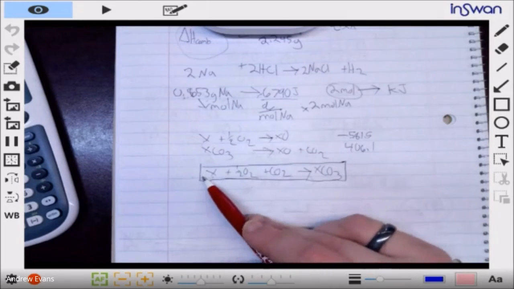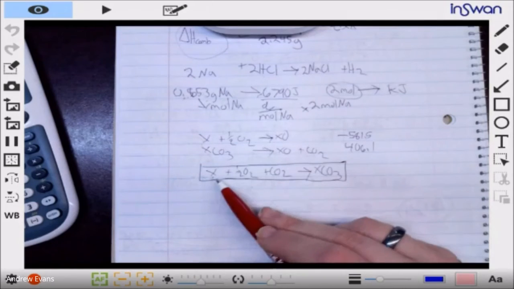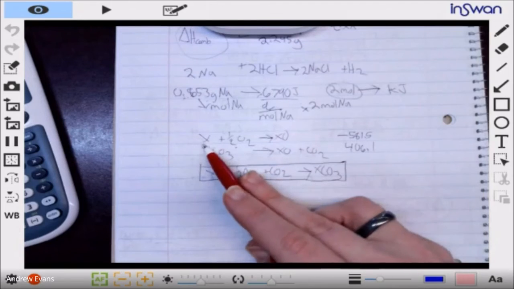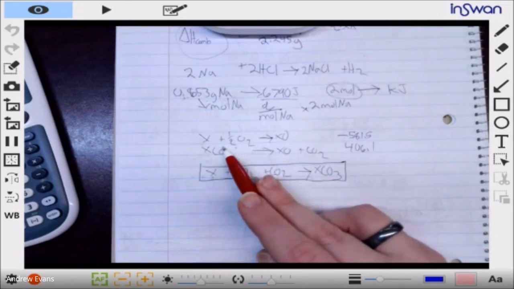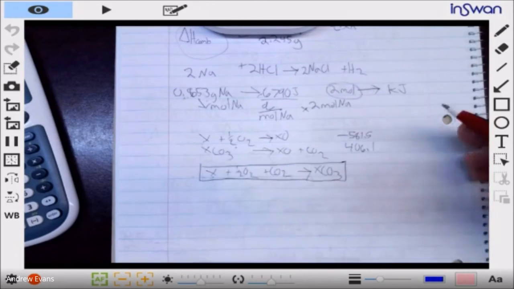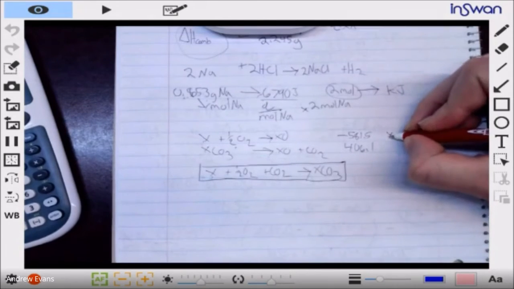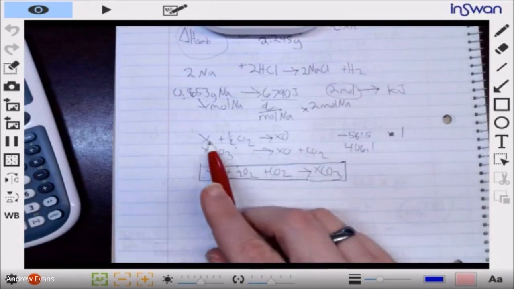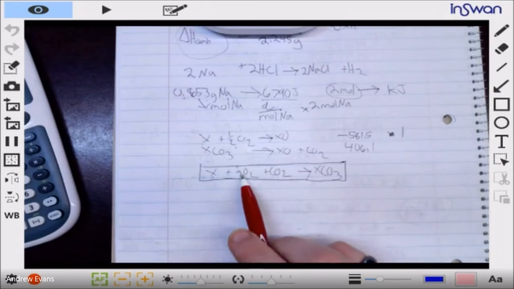So looking here, I see X and 1/2 O2 are only in equation 1. They're on the left side of equation 1. So equation 1 will be used as given. How many times do I have to use equation 1? Well, only one time because there's 1 X, 1/2 O2.